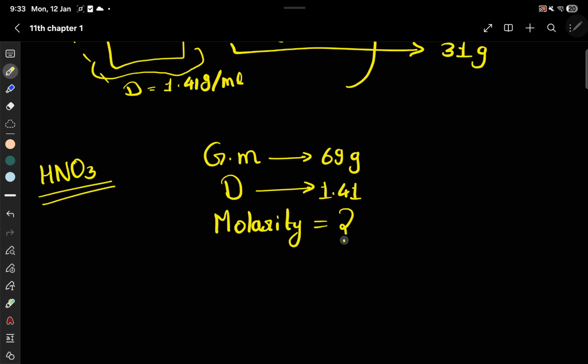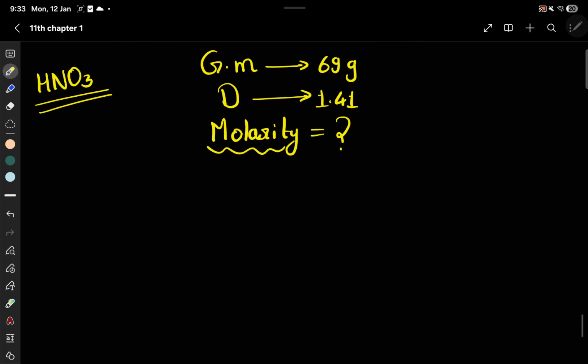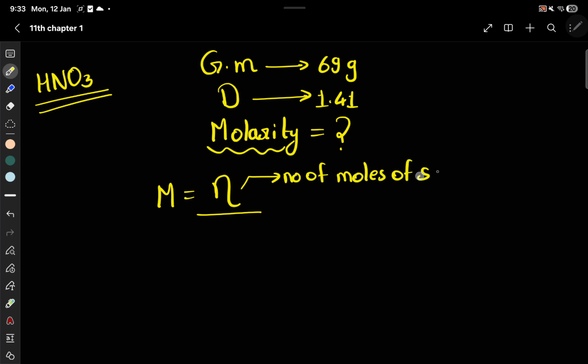Okay, now students, let's recall the formula of molarity and step by step we are going to solve this question. Molarity has a formula in which, in the numerator, we have to find the number of moles of solute, which is nitric acid. Number of moles is not given over here.